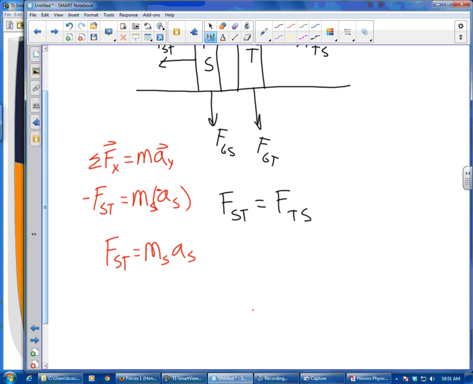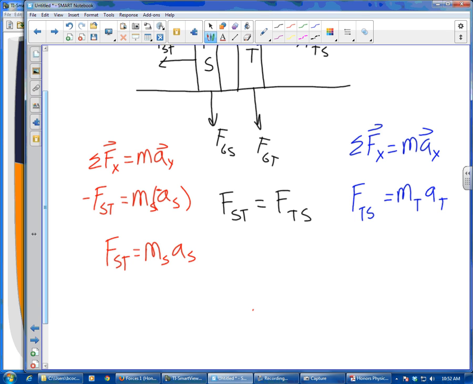If I do the same thing for Tom, the only force on Tom is the force on Tom from his sister in this x direction, and it's positive. The inertia of Tom and the acceleration of Tom are both positive.